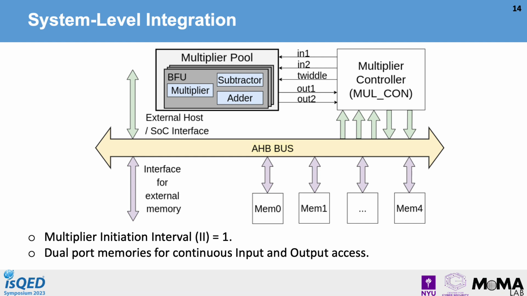Multiplier controller directly controls the multiplier pool and it controls memory operations using AHB bus. To make sure that the input and output access is continuous to multiplier pool, we need to use dual port memory. AHB bus is also connected with the external host and SOC interface and other memories if needed.